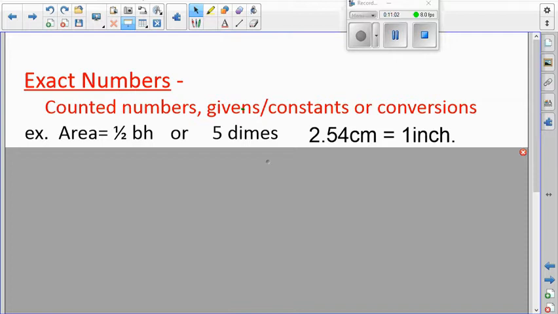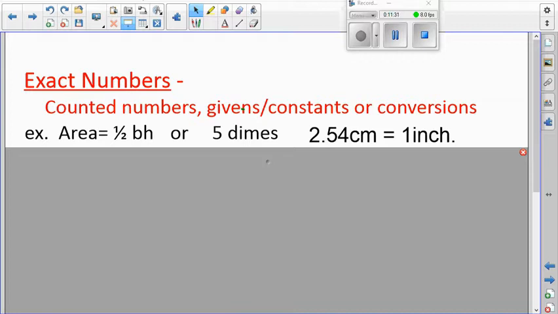Or when Pranita counts 5 dimes, 1, 2, 3, 4, 5, that's an exact number. Counting is exact. It's not like, well, we kind of estimate it. You either know it's 5 or it's not. It's exact. Or conversion, for example. So this is in your conversion table. That will be on your quiz tomorrow. It was also in your bell work earlier this period. 2.54 centimeters by definition is exactly 1 inch.